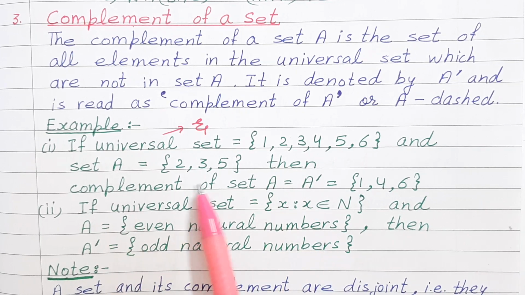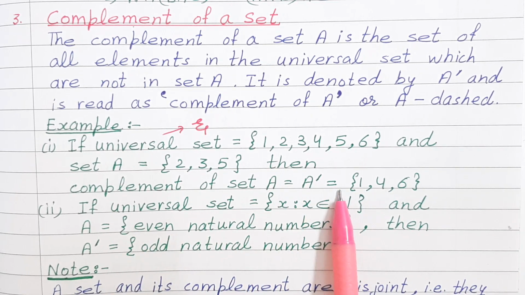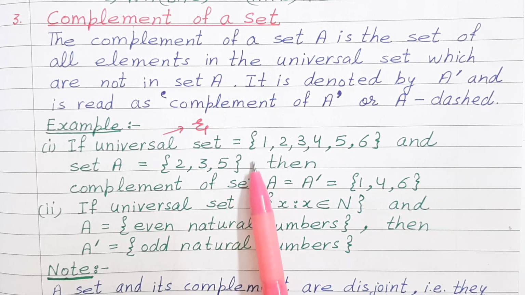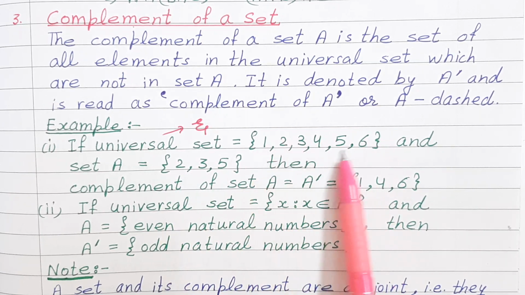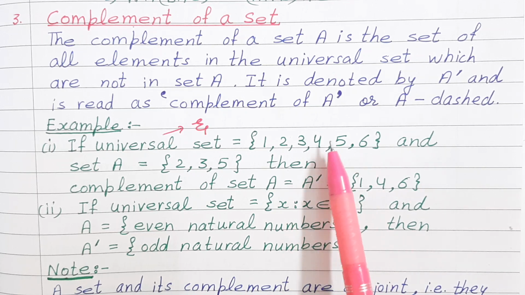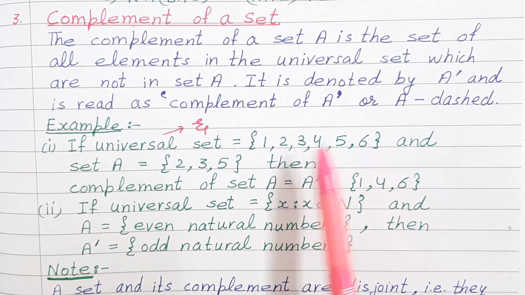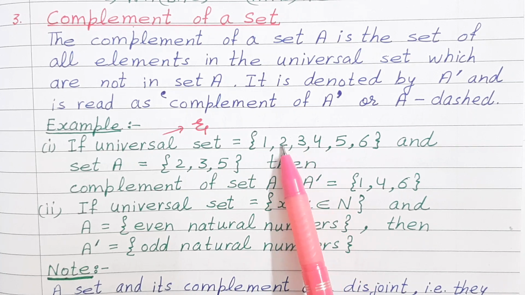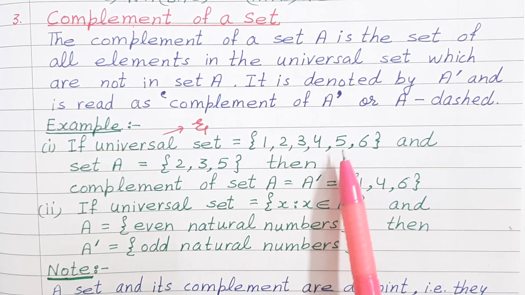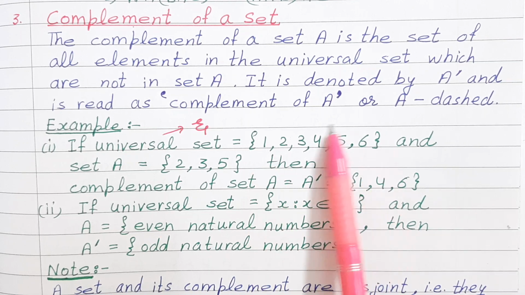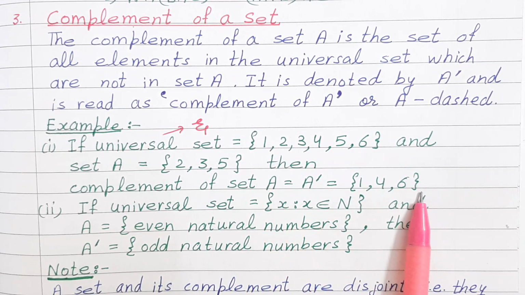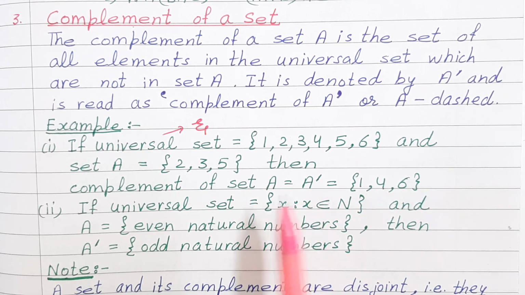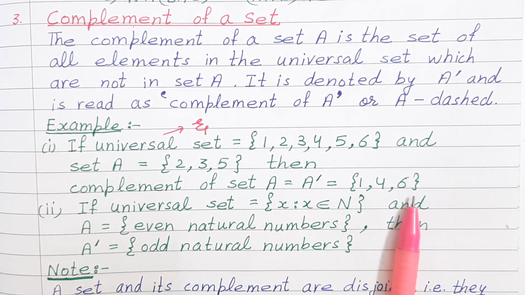Then complement of A, that is A dash, is equal to all those elements which are in the universal set but not in A. Or you can say in the universal set you just delete all the elements of A, that is we will not take 2, 3 and 5 and the rest of the elements we will consider here. So this is {1, 4, 6}, right? So this is called complement of A. I hope you have understood this.